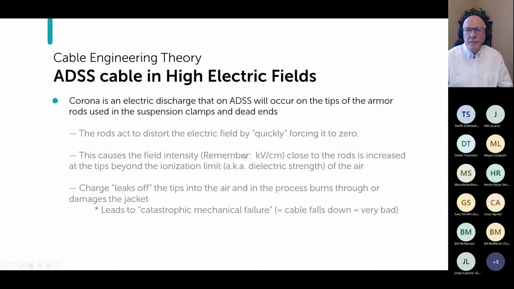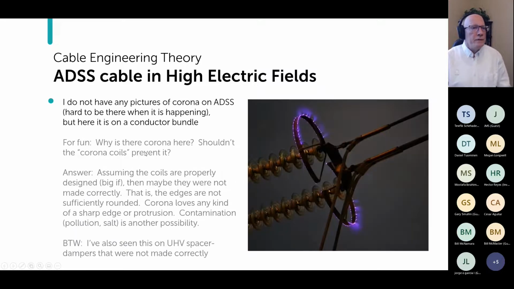If this kV per centimeter gets high enough, it exceeds the ionization limit of the air, sometimes called the dielectric strength of the air, and then you get corona, this electric charge. It leaks off the tips of the rods into the air, and in the process, it burns the jacket. And that ultimately will lead to catastrophic mechanical failure, which is a fancy way of saying the cable breaks and falls down, and everybody has a bad day when that happens.